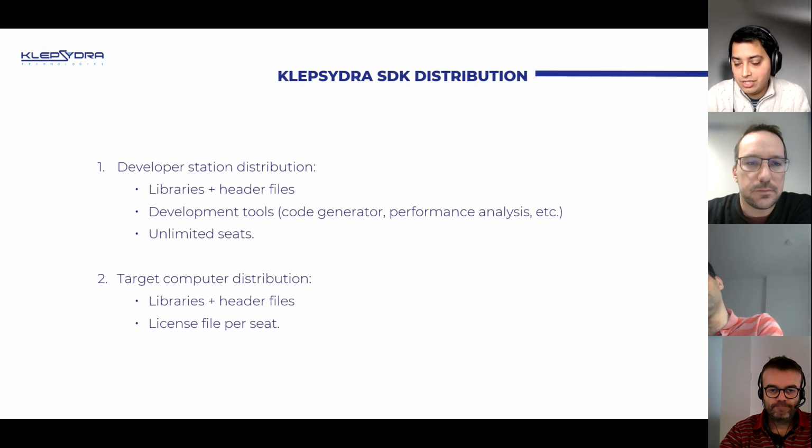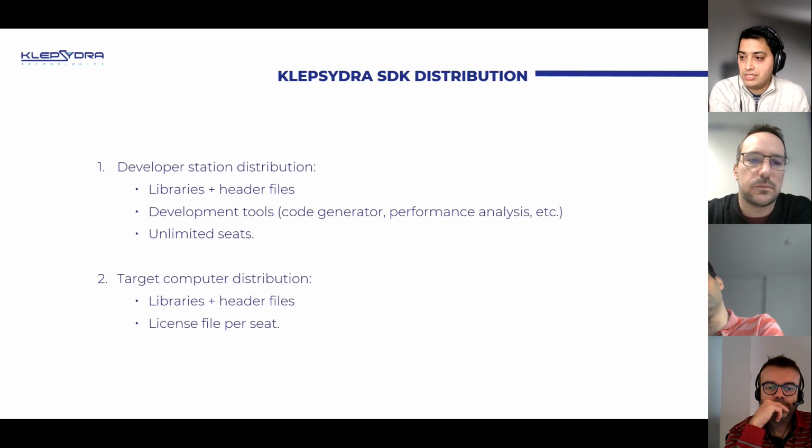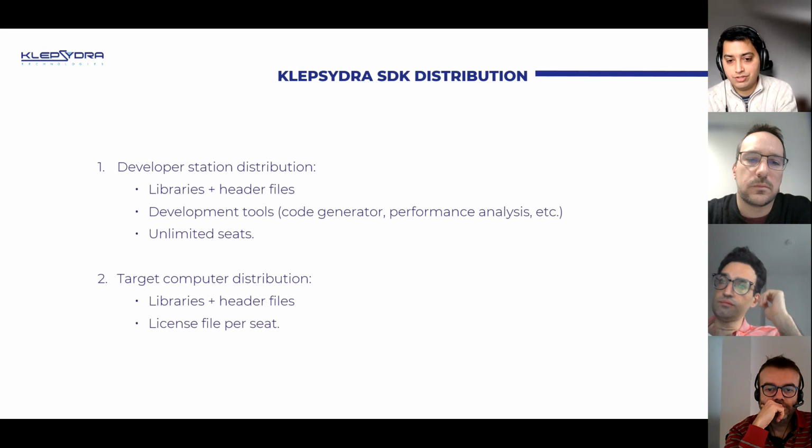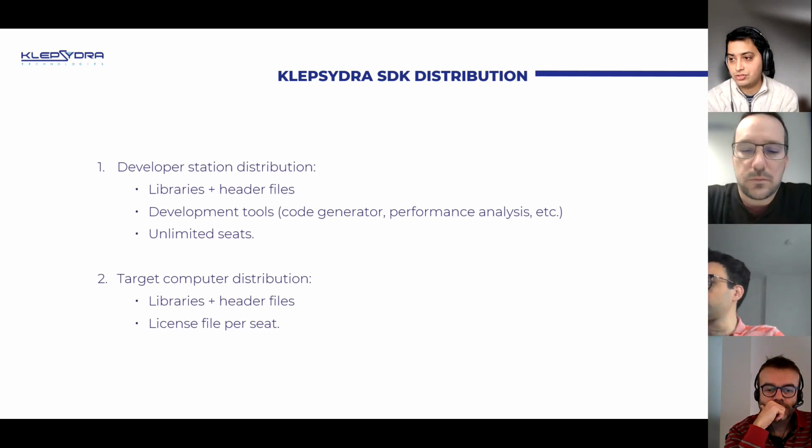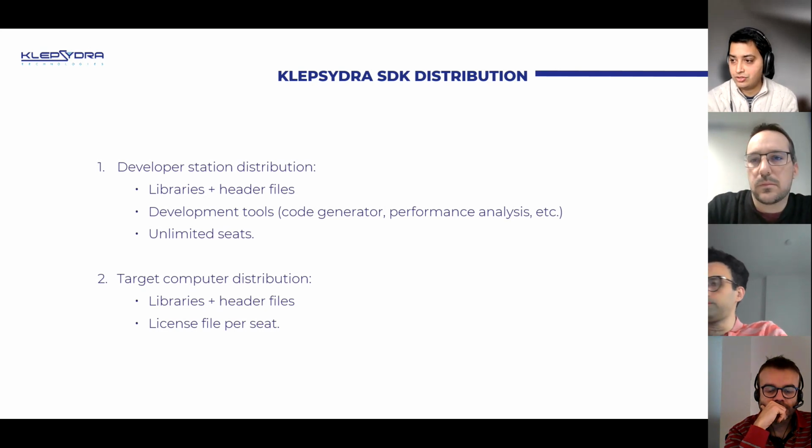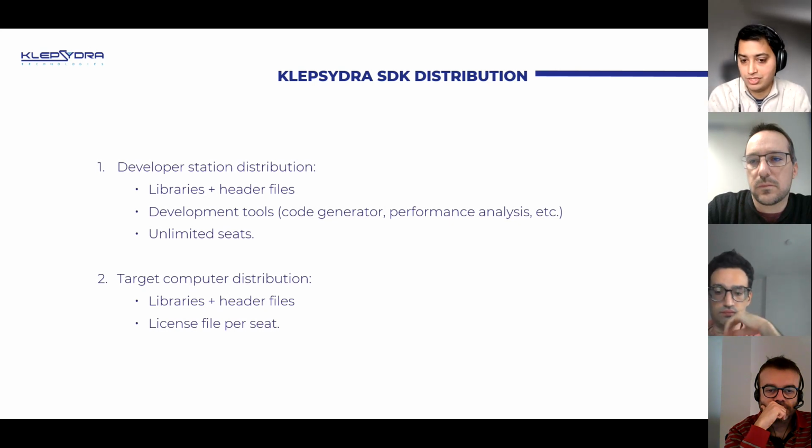In this demonstration, we are sticking to C++, so the language bindings don't come into play. Generally, when we have a Klepsydra SDK distribution, you have a developer station with the libraries and headers on which you develop. And then the licenses are also given for each of your target computers. So you can have the SDK running on your Linux computer, and then you cross-compile it for your RTEMS distribution or FreeRTOS distribution and so on.